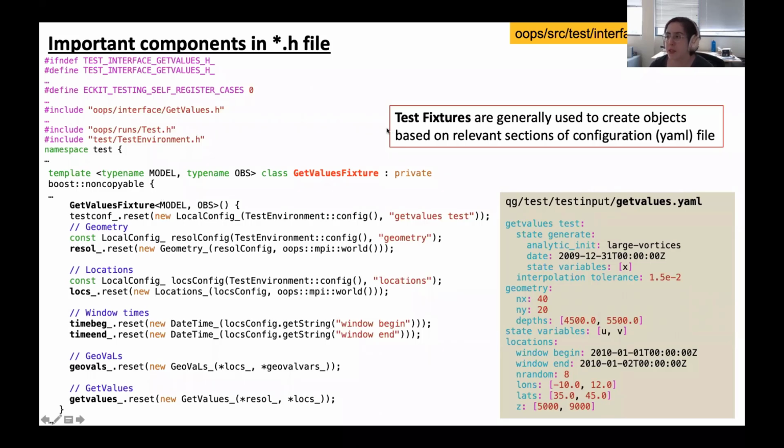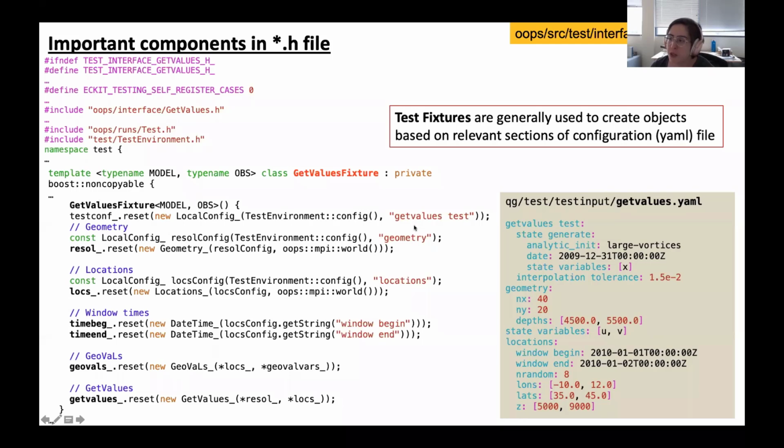The responsibility of the test fixture is to create objects based on relevant sections of the configuration YAML file. For example, let's look at GetValues.h. We have the GetValues fixture. The first part is the name of that header file, and then the fixture.